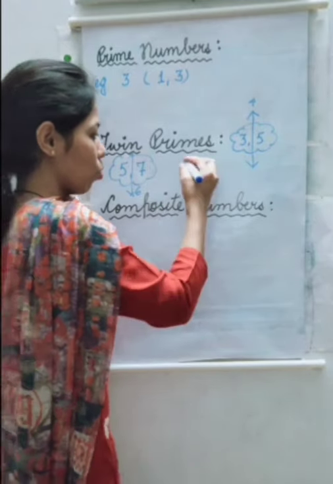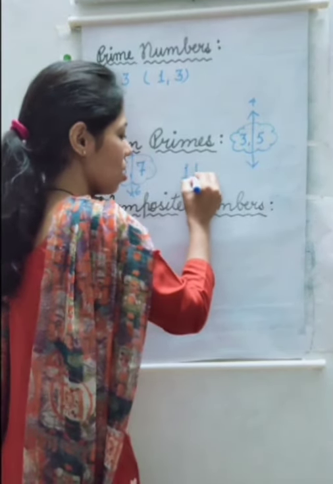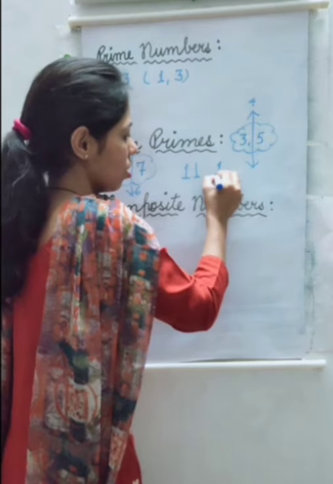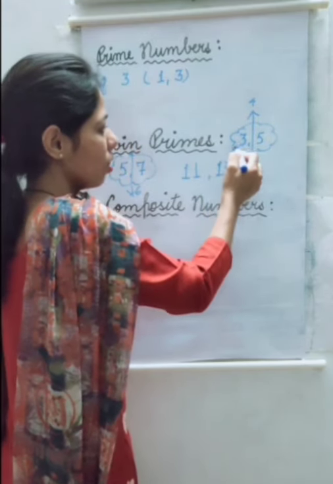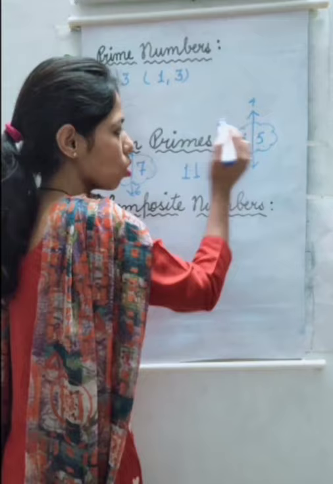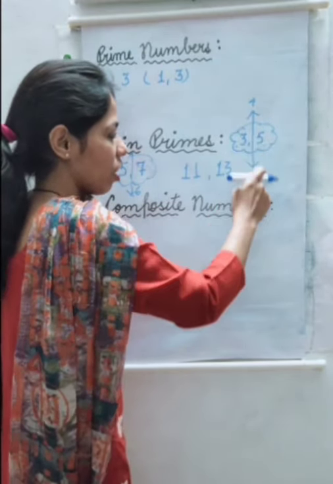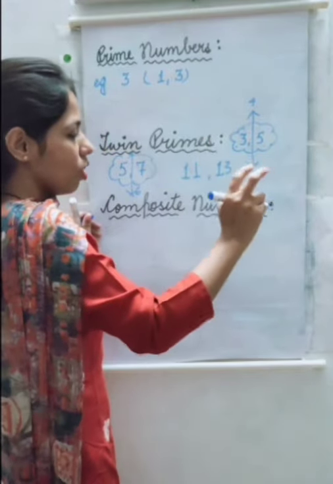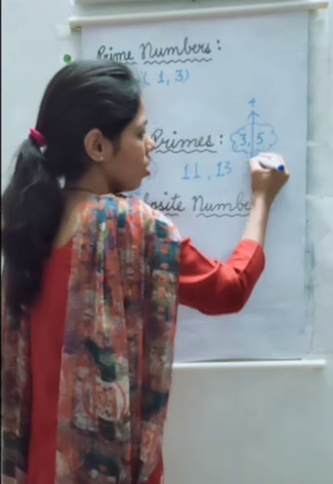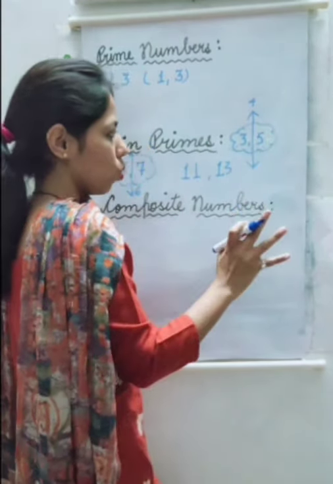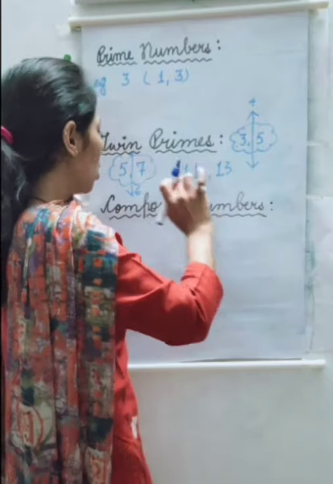And let's take one more example, 11 and 13. See, in these pairs 3 is also a prime number, 5 is also a prime number, and there is a gap of two between them, or we can say one number lies between these two, and that one number will be a composite number.